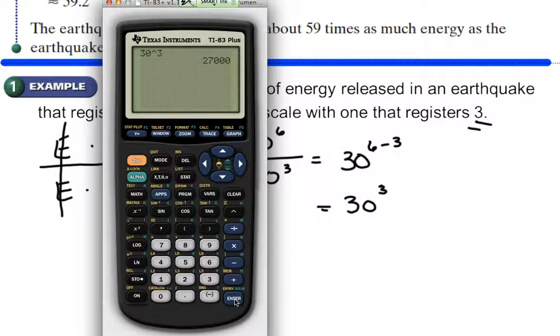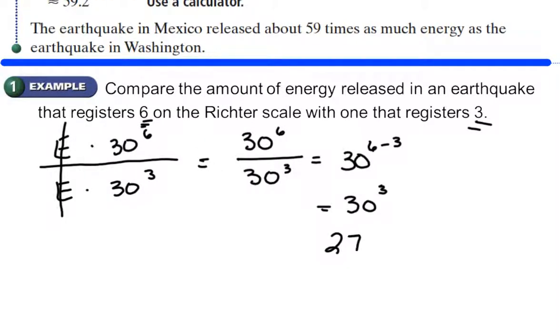I was going to say that, but I was afraid I'd be wrong. So we have 27,000. That means an earthquake that registers 6 on the Richter scale releases 27,000 times as much energy as one that registers 3. That is crazy.